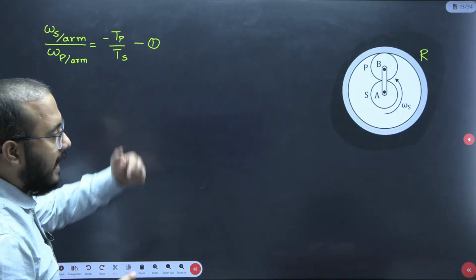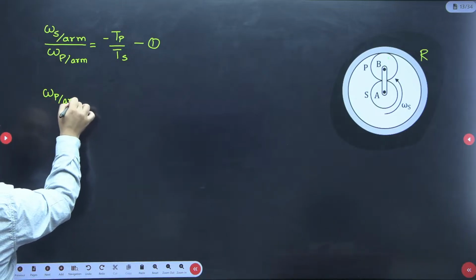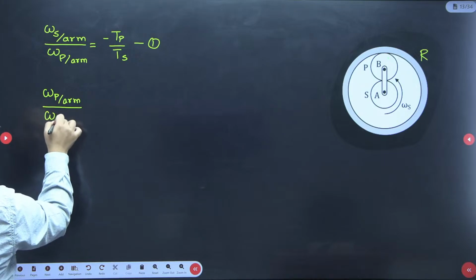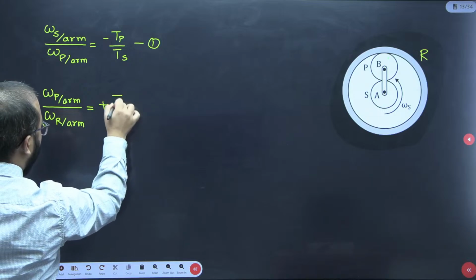Similarly, planet and ring: omega p with respect to arm divided by omega r with respect to arm. Internal meshing, so positive sign, TR by TP.